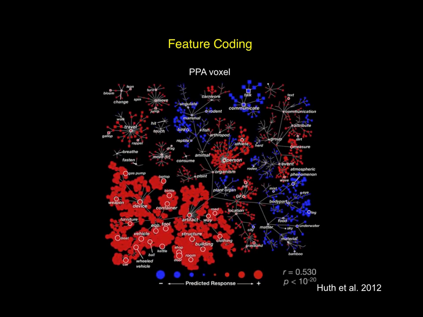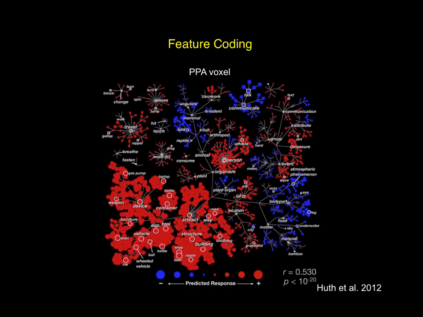And what they can see from mapping out the weights of a particular voxel, so this one comes from the parahippocampal place area, is that it has a larger response when all these more structural type of things like structure, building, shop, room, vehicle, all these artificial things are in the scene, and it has a reduced response to things that are actually animate, like mammals and birds and communication and talking, which are going to involve animate objects.